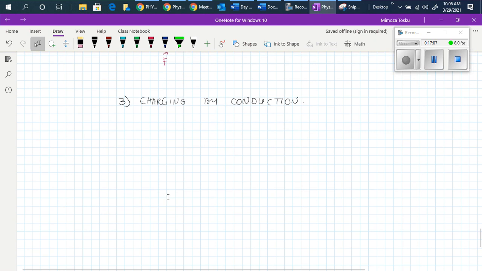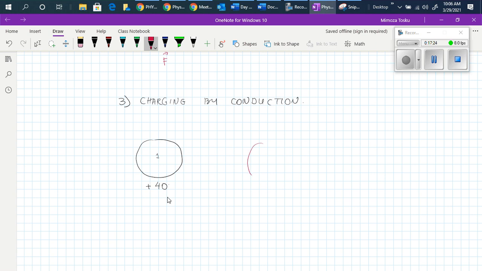So let's suppose that we have two objects: object 1, positively charged with positive 40 coulombs, and object 2, which has the same size and material composition and is positively charged with 8 coulombs.